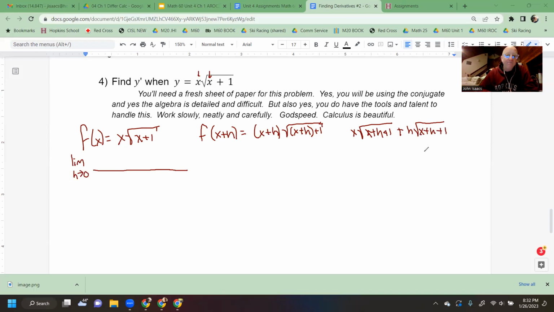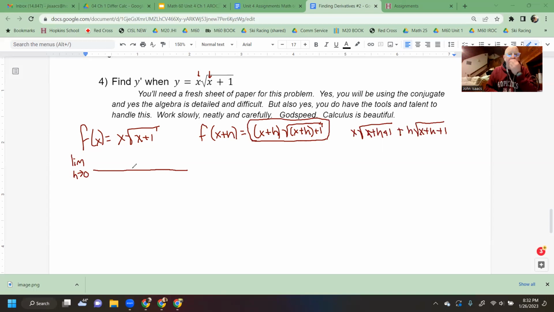It's important to think about those things and go, well, maybe that'd be better. I don't think it's going to be better in this case, but maybe if you try one and it doesn't work out so well, you go back and try the other one. At least there's an option there. I am going to use this as my f of x plus h.